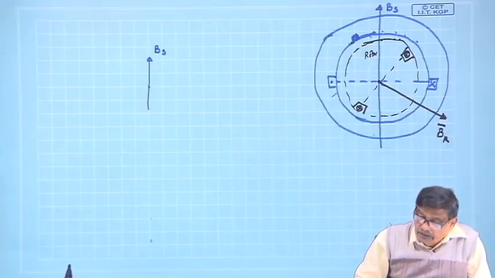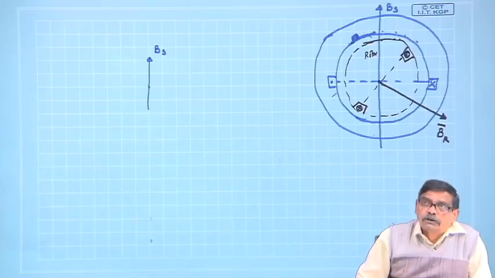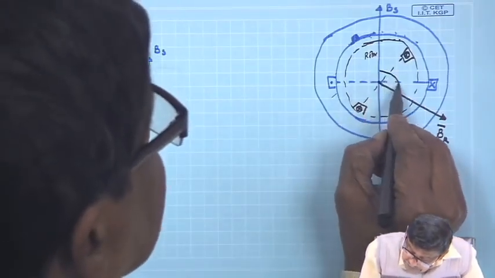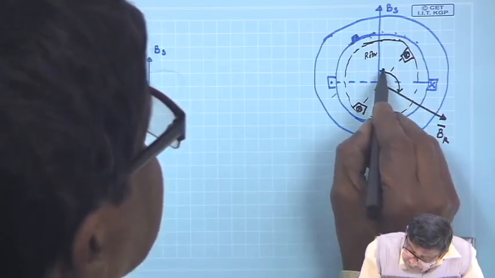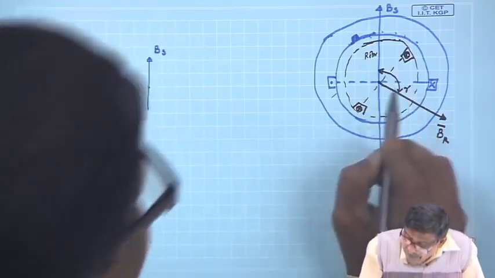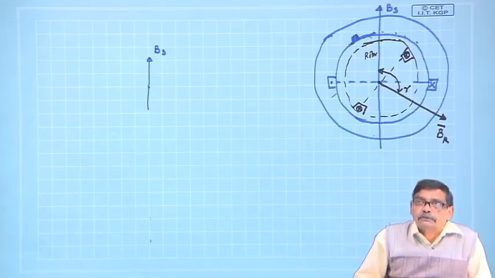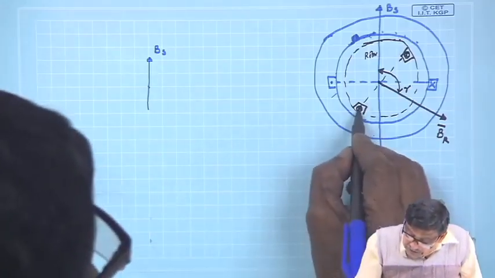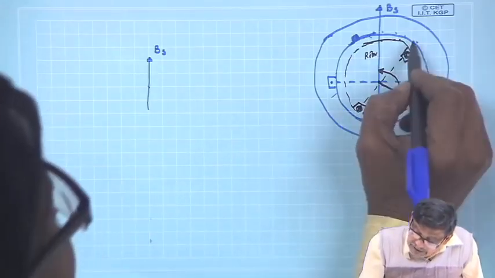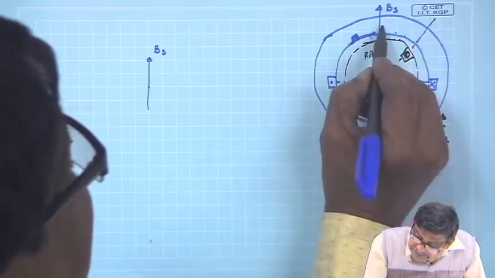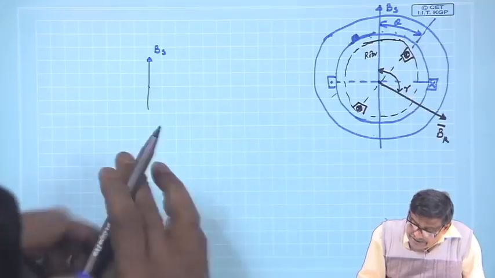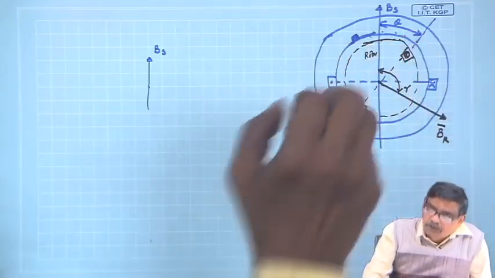I want to find out what will be the expression of the torque in terms of the angle between these two fields, say gamma. What should I do? Acha, you see, this is the cross current, this is the dot current. Let us assume that this angle is theta, and this rotor I have locked it.